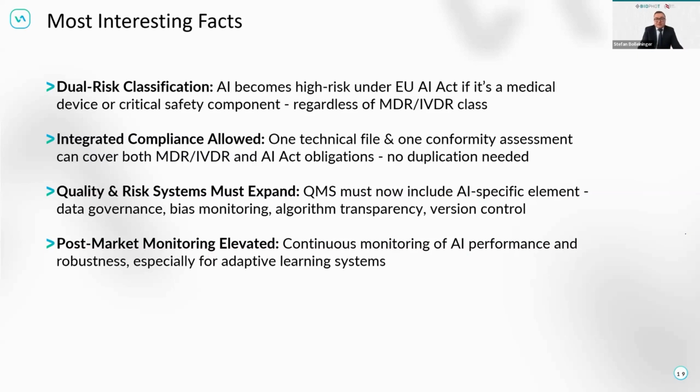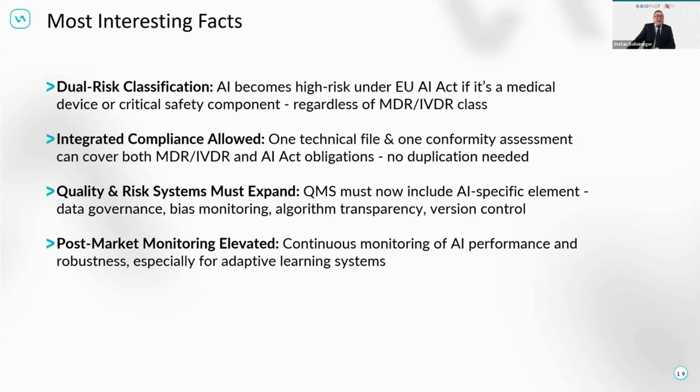I want to go into those in more detail. So where are the additions, the differences? I'm not talking about everything in the AI Act, because that would fill years of additional information and training days. Therefore, I want to harvest only the most important steps, looking into the dual risk classification and the other items.